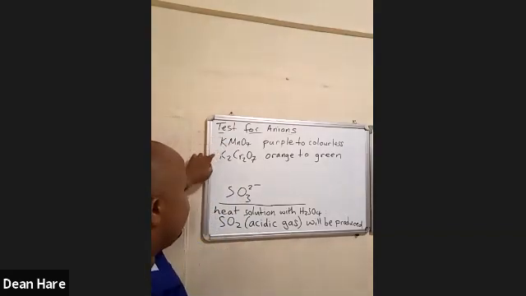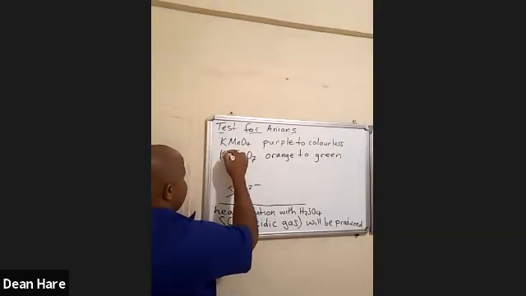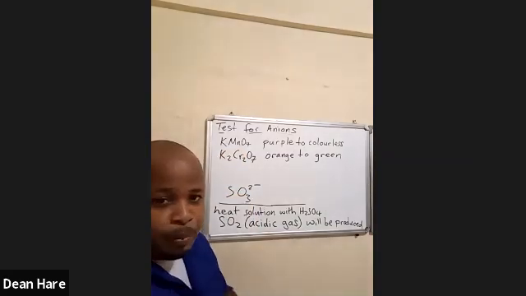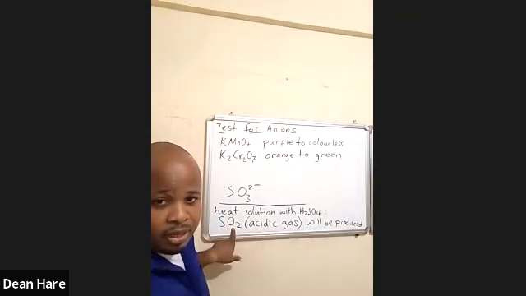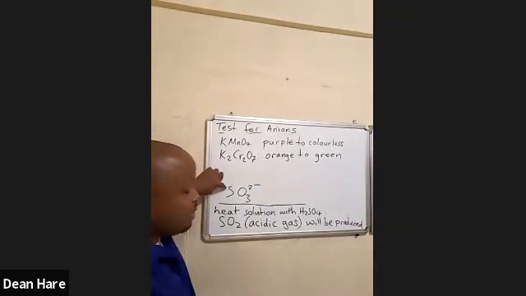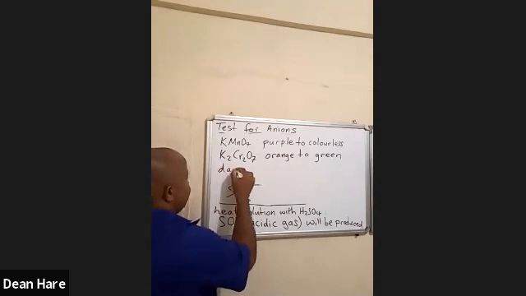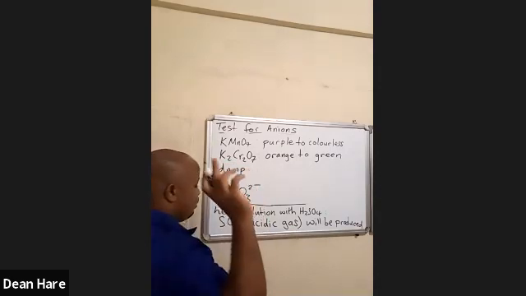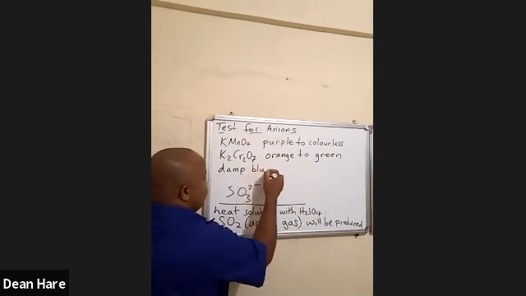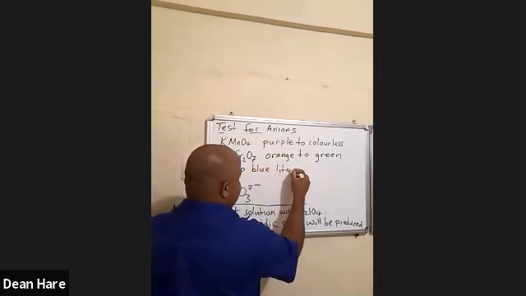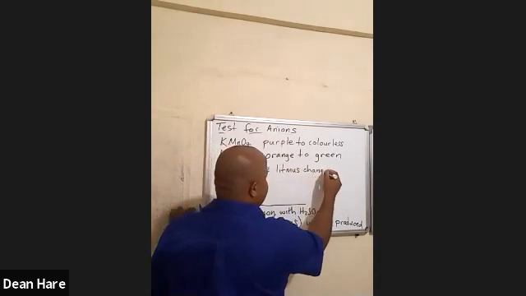So if you see any of these oxidizing agents, we are confirming the presence of sulfur dioxide, which will confirm whether or not the sulfite ion is present. These are the reagents we use to confirm the gas. It's an acidic gas, that means blue litmus will change to red.